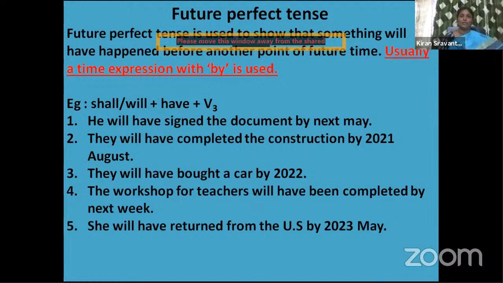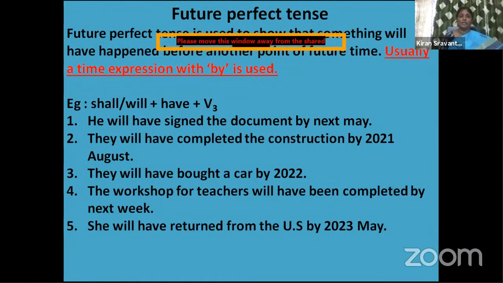By 2021 August, the construction of the building will surely be over. So the certainty of the completion of a particular action would be expressed using future perfect tense.